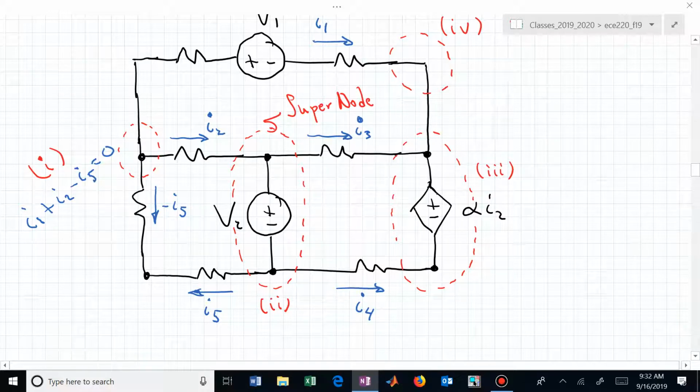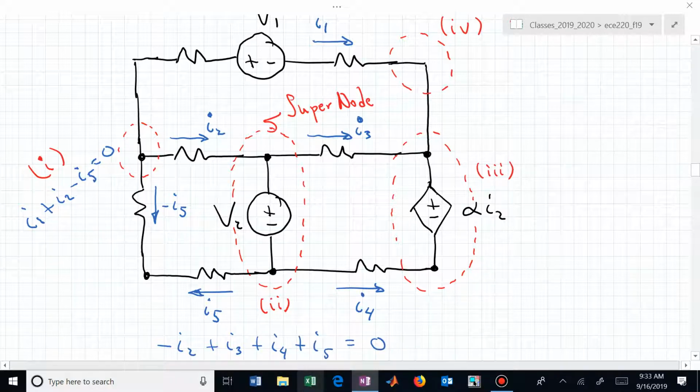Is it leaving as drawn? No, so this is now minus I sub 2 plus I sub 3 plus I sub 4 plus I sub 5 equals 0. That's KCL 2.